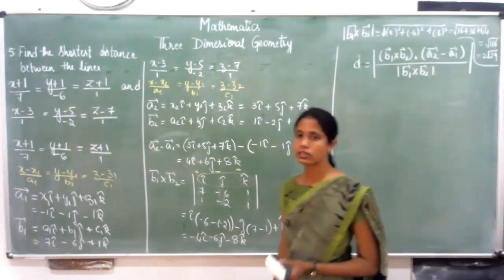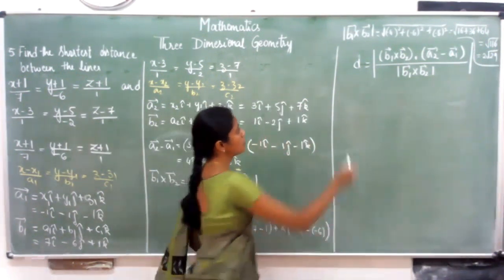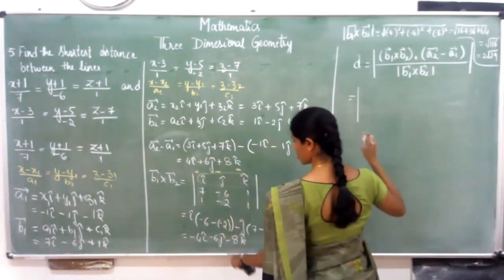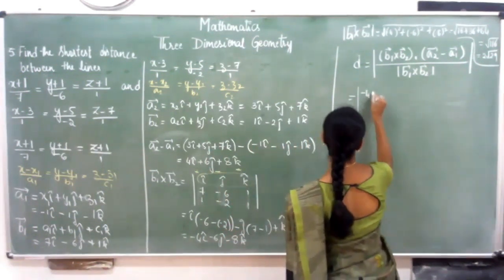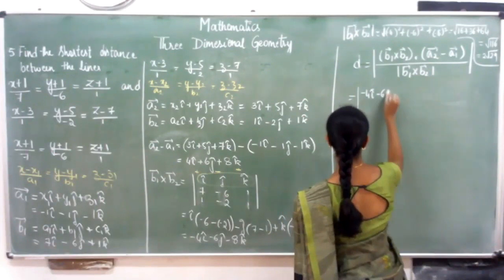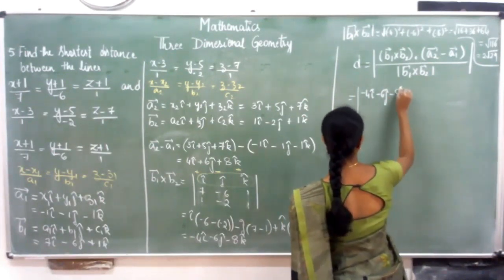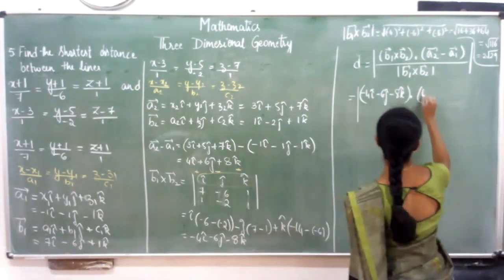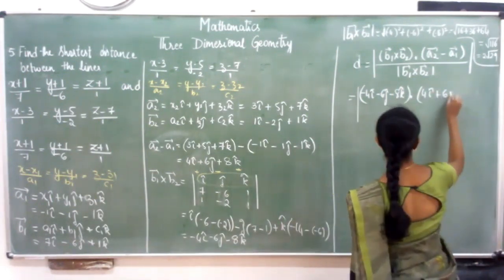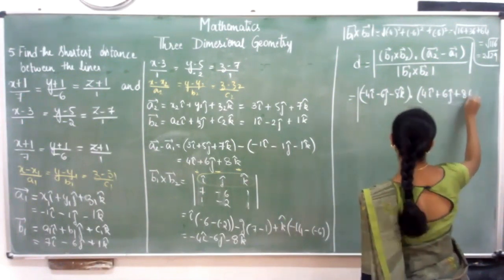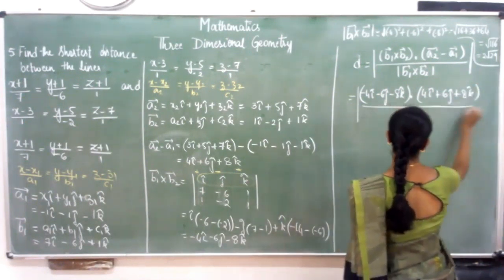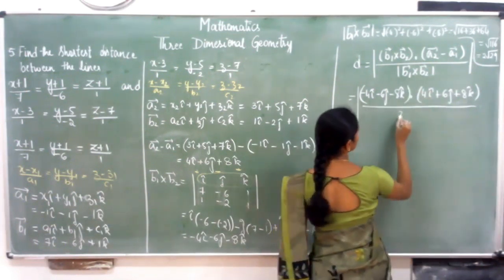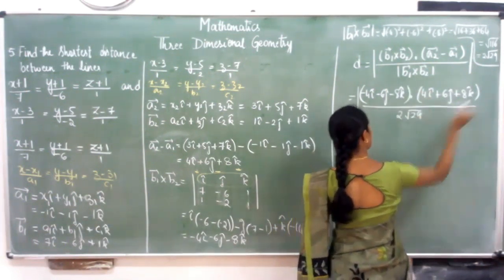So now substituting the values in the formula, which is the modulus of V1 cross V2 dotted with A2 minus A1, divided by the magnitude. What is V1 cross V2? It is minus 4i cap minus 6j cap minus 8k cap, dot A2 minus A1, which is 4i cap plus 6j cap plus 8k cap, whole divided by the magnitude of V1 cross V2, which is 2 root 29.